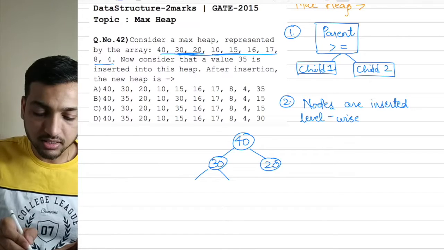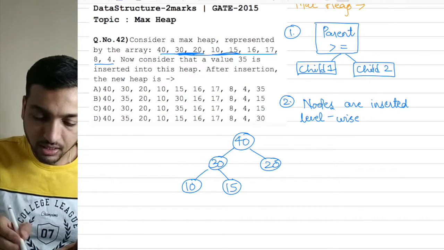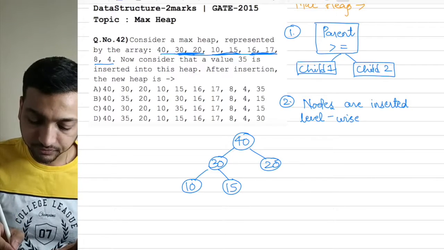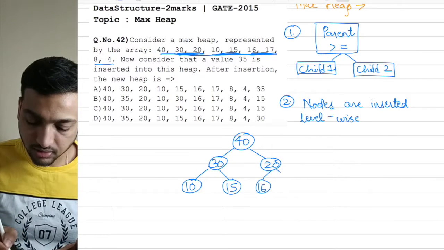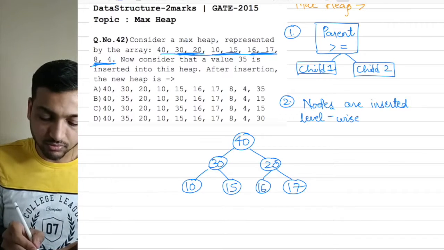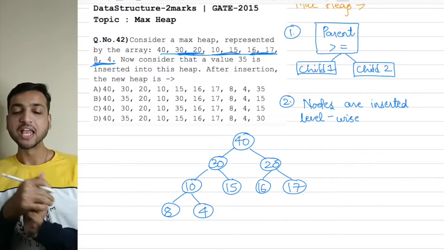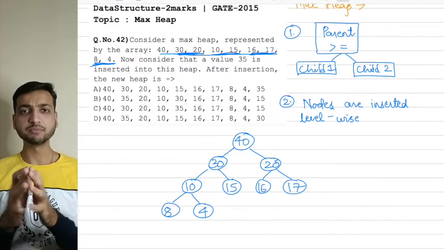Next is 10 and 15, so 10 and 15 come here. Next is 16 and 17, so 16 comes here and 17 comes here. And lastly, we have 8 and 4. So we have 8 here and 4 here. So this is the input max heap which was given.